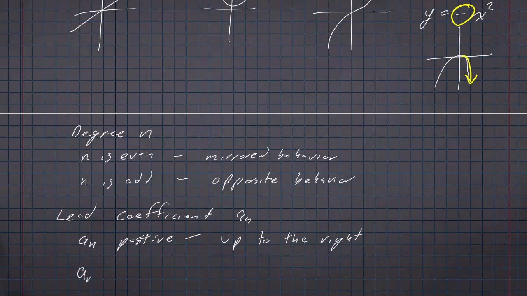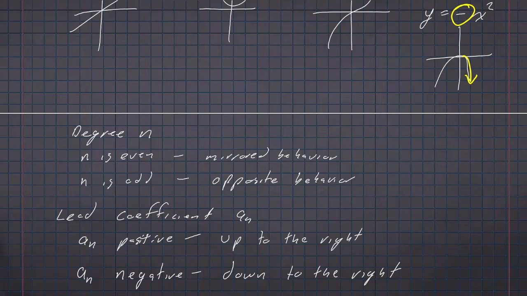If you have a lead coefficient a_n which is negative, then the graph will go down to the right. We call this pattern the end behavior of a graph. And figuring out the end behavior is a giant step in the direction of figuring out what the graph looks like.